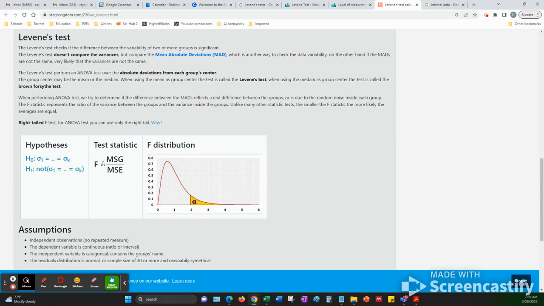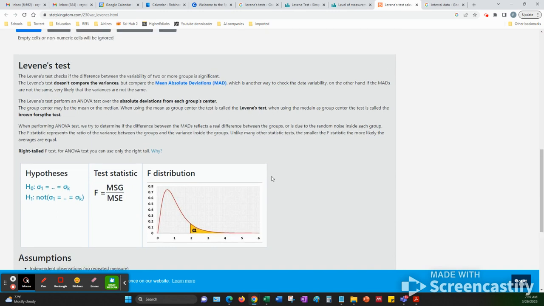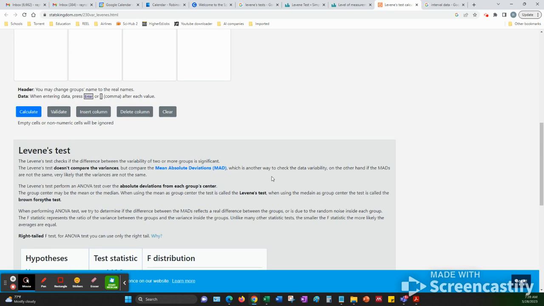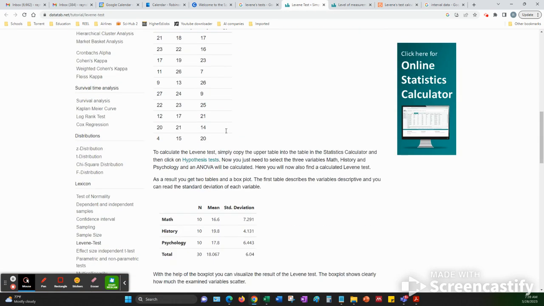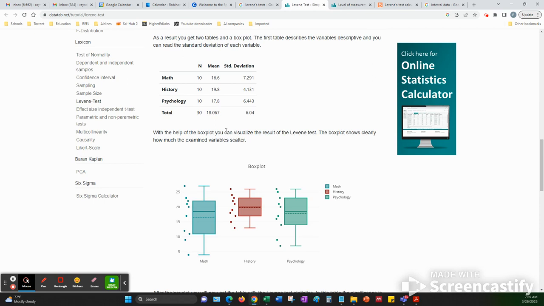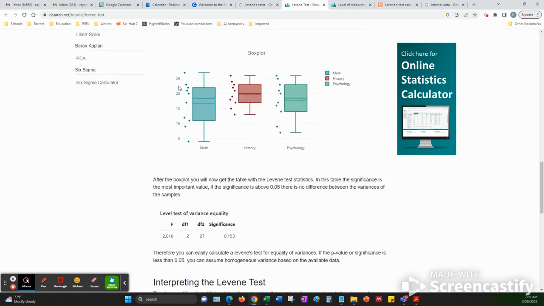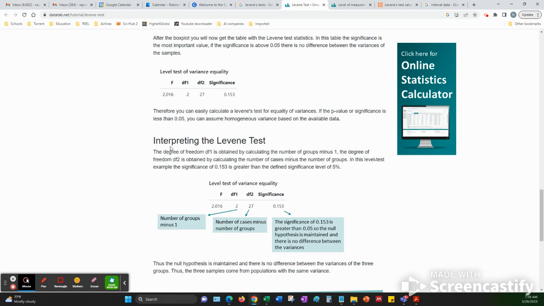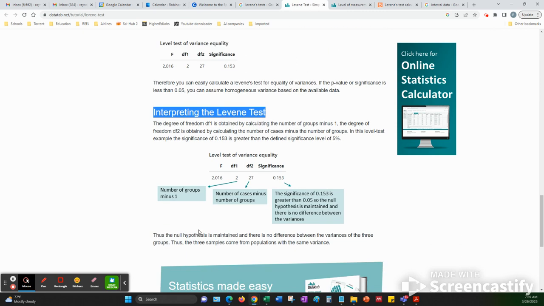your F figure. It's going to be looking at the mean of this group versus the mean of that group. And then it will be calculating your F statistic. And if you want to read about the F statistic, it will help describe what that means here. So for instance, interpreting what the Levene's test data is going to tell you.